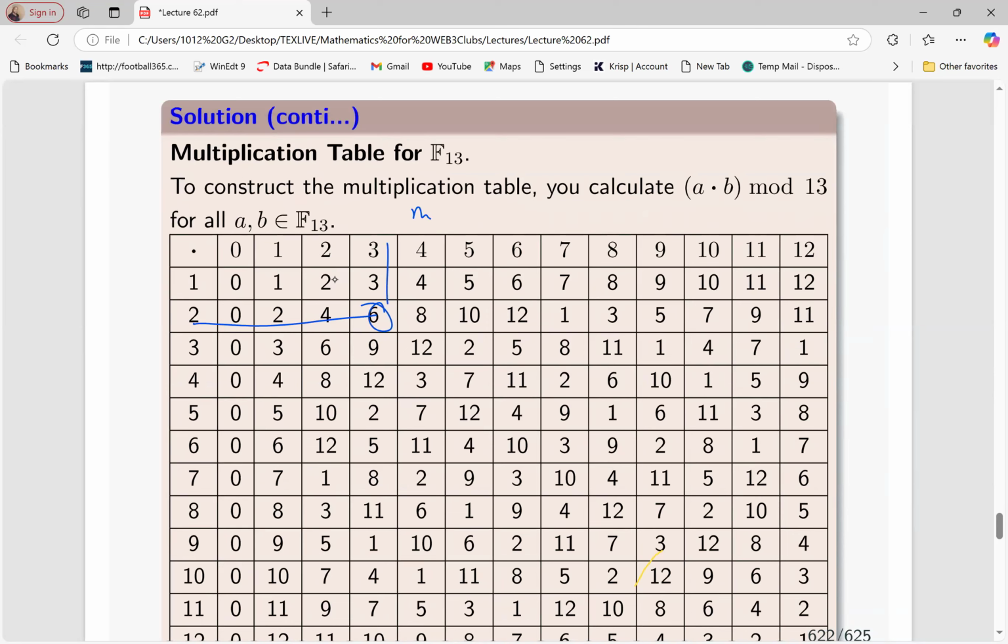We're doing it mod 13. 3 times 9 is 27; the remainder is therefore 1. 6 times 10 is 60, but we are doing it mod 13.